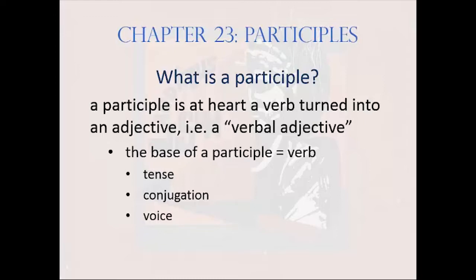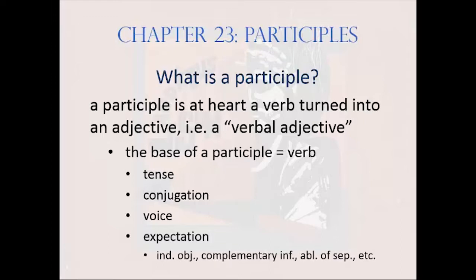Whether the word it's attached to is acting or being acted upon, that is, active or passive. And if it can express voice, then it must also be able to express expectation. In other words, will the participle be followed by a direct object? If so, it must be active. Or an agent? If so, it must be passive.